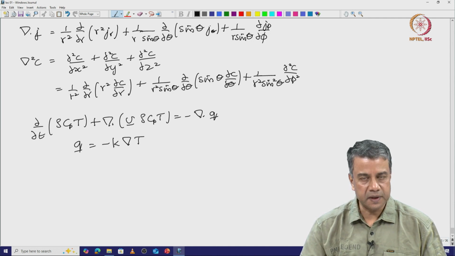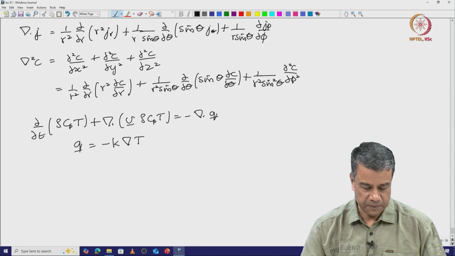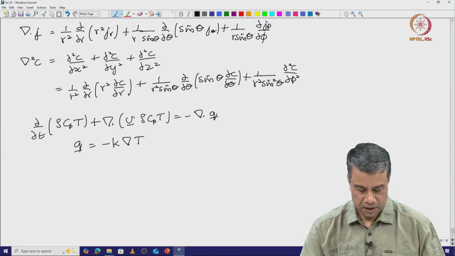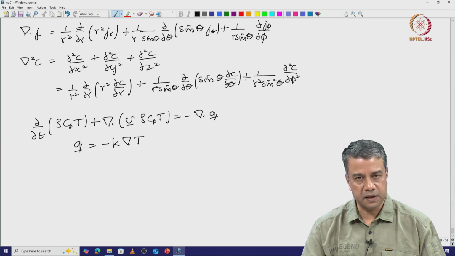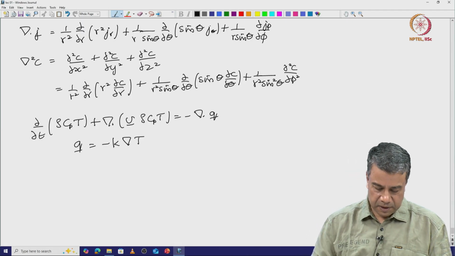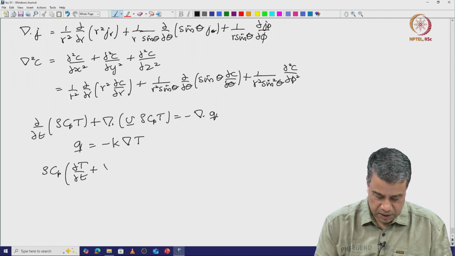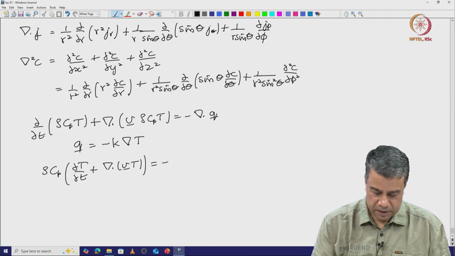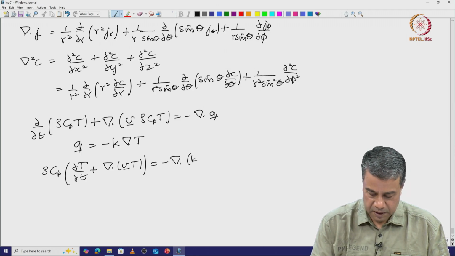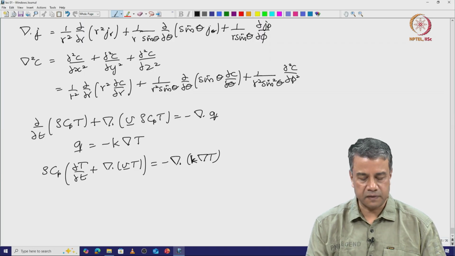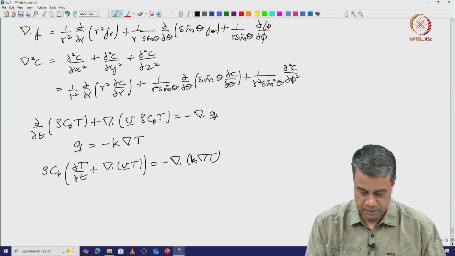If the properties are invariant, the density, the specific heat and the thermal conductivity, then this can be written as rho Cp into partial T by partial t plus divergence of V times T is equal to minus the divergence of k grad T. The heat flux is a vector in a manner similar to the mass flux.